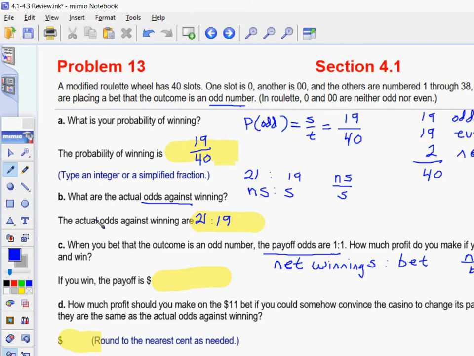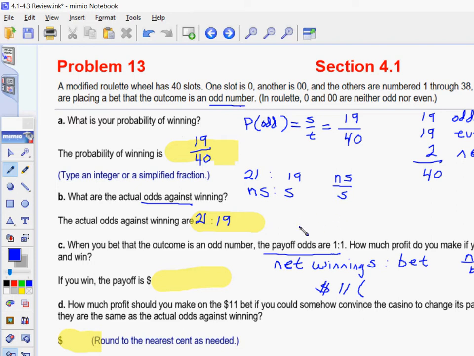Okay, so how much profit do you make if you bet $11 and win? Well, this one's kind of obvious because it's 1 to 1 odds. It's obviously you win $11, but this is how you'd calculate it. For other calculations, it's kind of important how we make this calculation. We take the $11 and then we multiply it by the payoff odds in a fraction.